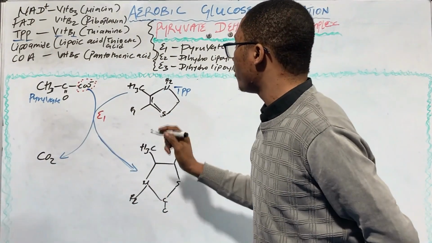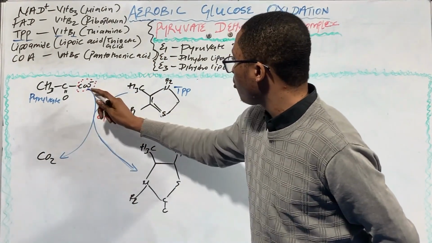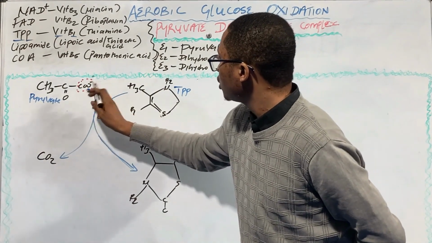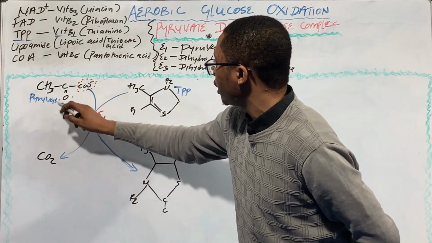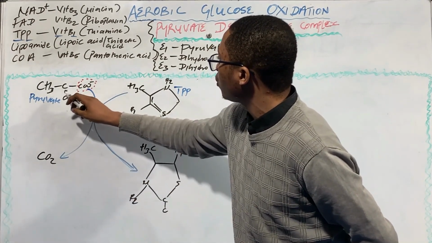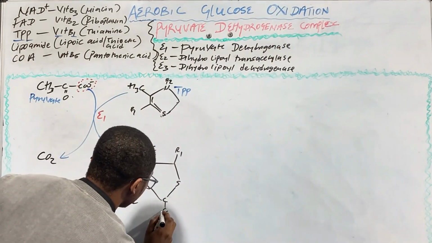Remember, as the two hydrogens are added, one of the hydrogens is used to form a hydroxy group. So one of the hydrogens attaches to this oxygen here to form a hydroxy group, and the other one is attached to this carbon. So this is what really happens here.